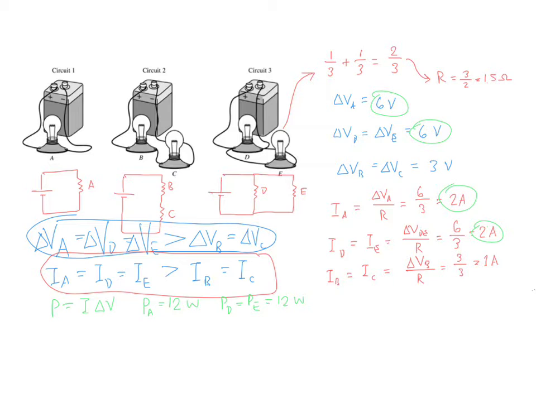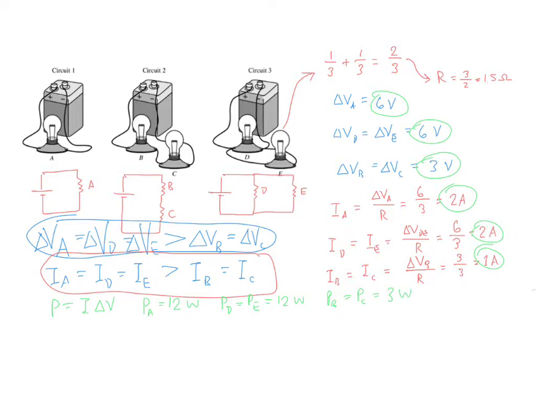And then finally we can do the powers of light bulbs B and C. Those are 3 times 1. So the power of B is equal to the power of C. 1 amp times 3 volts gives you 3 watts of power.